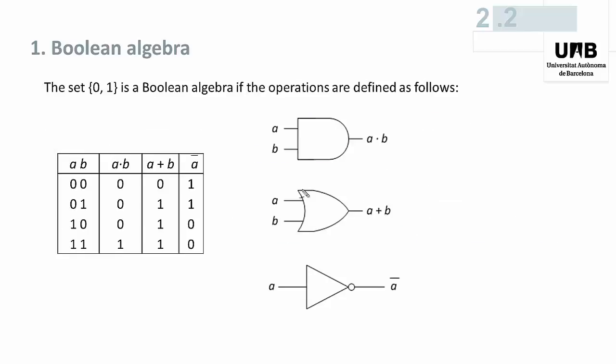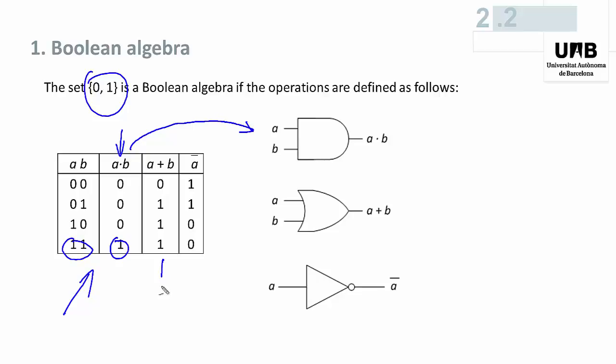A first example of Boolean algebra is the set {0, 1}, with the operations defined in this table. The product A times B is equal to 1 when A and B are equal to 1. It's the so-called AND function whose implementation is a 2-input AND gate.